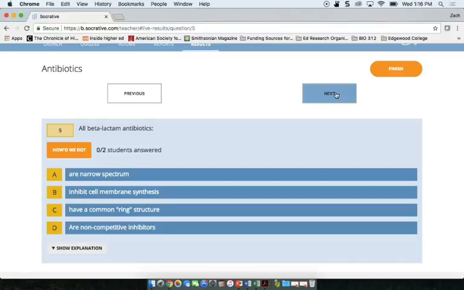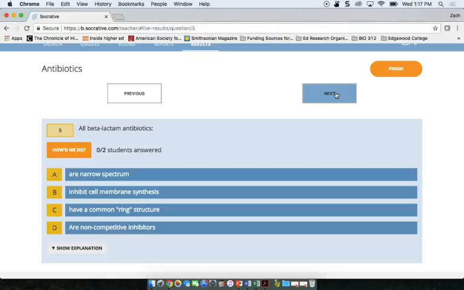I'm sorry. Isoniazid was the correct answer. All right. So what do all beta-lactams have in common? So I hear ring. What else did I hear? B. Inhibits cell membrane synthesis.